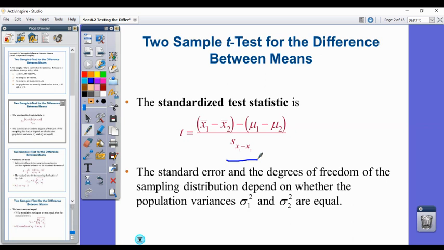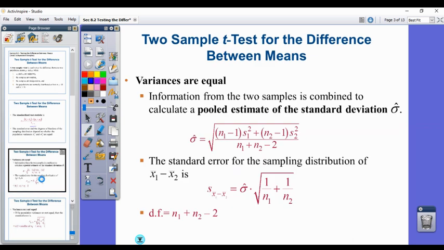Okay, so we have 2 formulas. When the variances are equal, we're going to be using this formula here. Now, it's not always happening that they're going to be equal. So if the variances are not equal, we're going to be using this formula here.